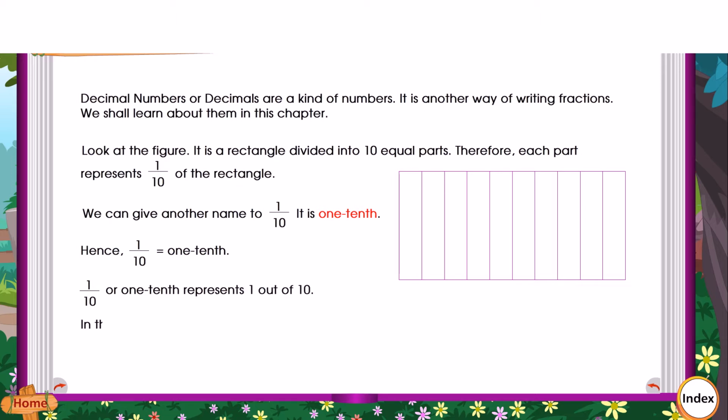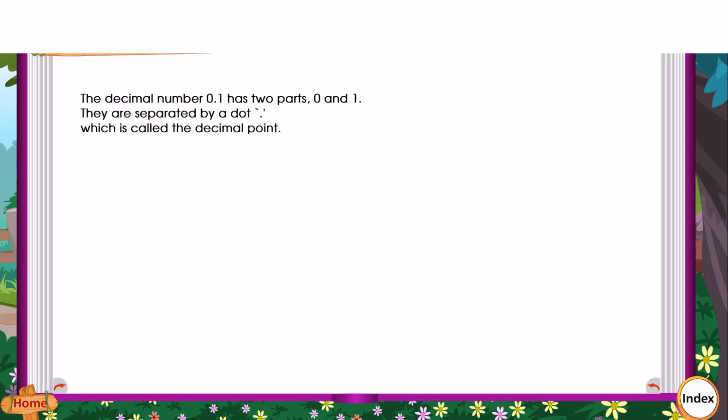In the decimal system, we write 1 by 10 as 0.1. The decimal number 0.1 has two parts, 0 and 1. They are separated by a dot, which is called the decimal point.